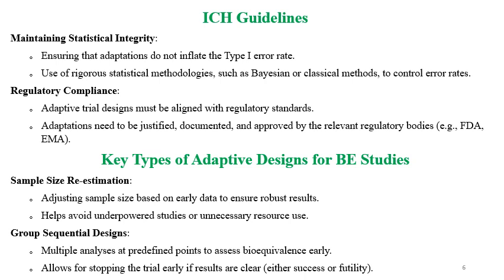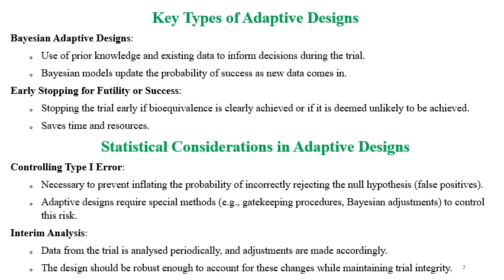It helps to avoid underpowered studies or unnecessary resource use. Group sequential designs: multiple analyses at predefined points to assess bioequivalence early. Whenever it is failure or success, this group sequential design allows for stopping the trial early if the results are clear and robust.